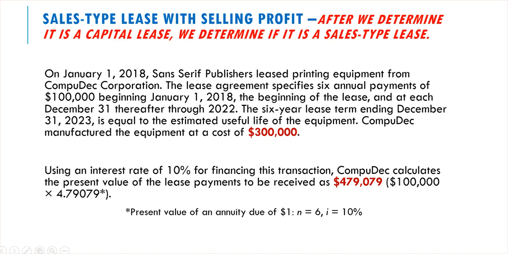So here we have a problem, the same problem we had before. I'm not going to go through the calculations. The only difference here is instead of taking the thing off their books at 479079, they actually made this equipment and they are going to sell what they have manufactured. And for a manufacturing company, it's called finished goods.